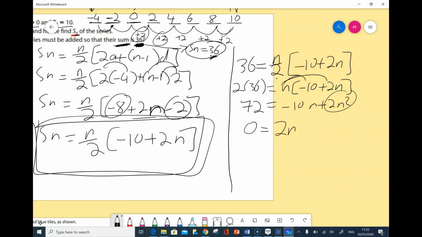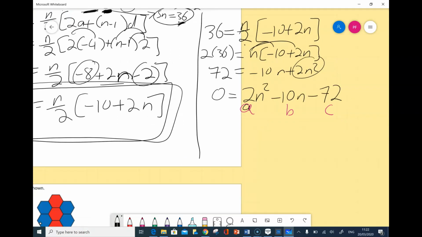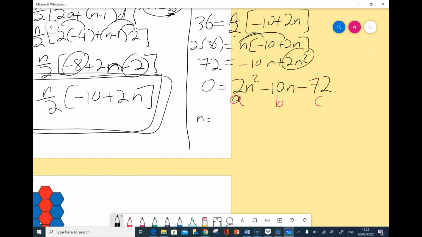I'll put the n squareds first, the n's next, and when plus 72 comes over, it becomes minus 72. So, minus b formula. This is a. Now again, you can use the factor method if you prefer. This is a, b, and c. So, minus b formula. So remember, n is equal to minus b plus or minus the square root of b squared minus 4ac all over 2a.